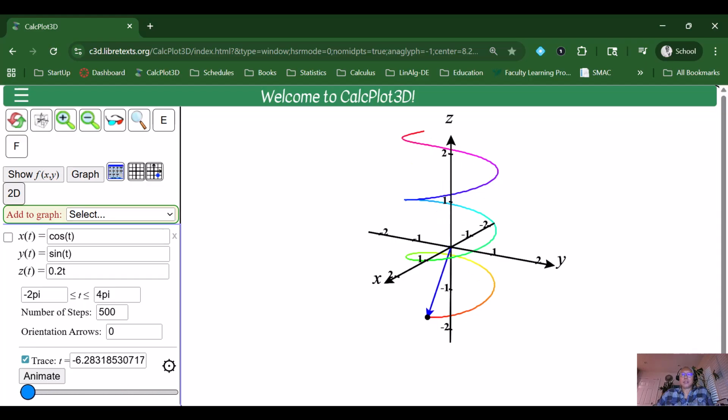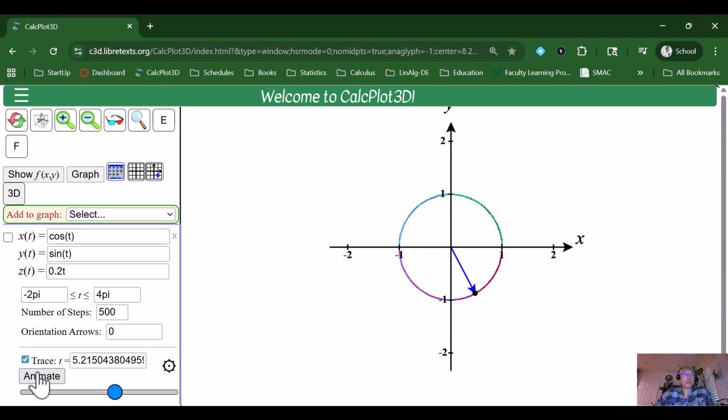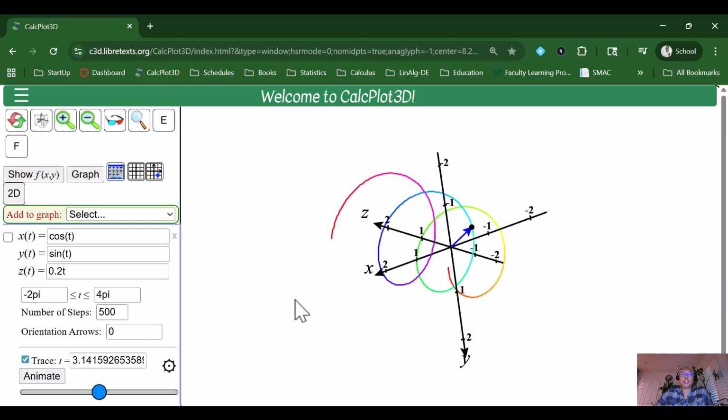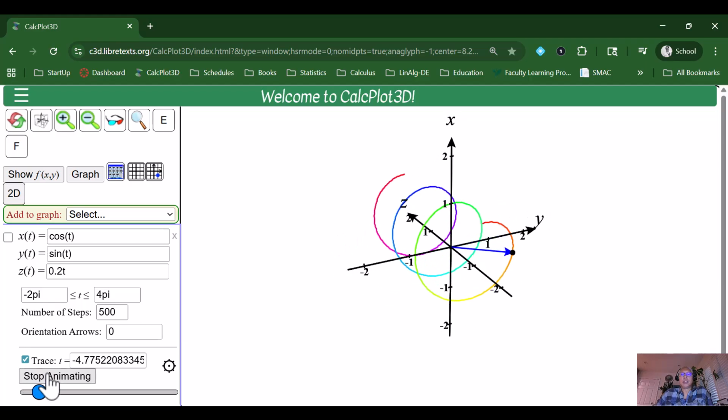And so we have this helix being drawn out by the vector. Again, different perspectives. From a two-dimensional perspective, we just see it's going in a counterclockwise direction. And in a three-dimensional perspective, from different angles or different points of view, you can see how it's moving.